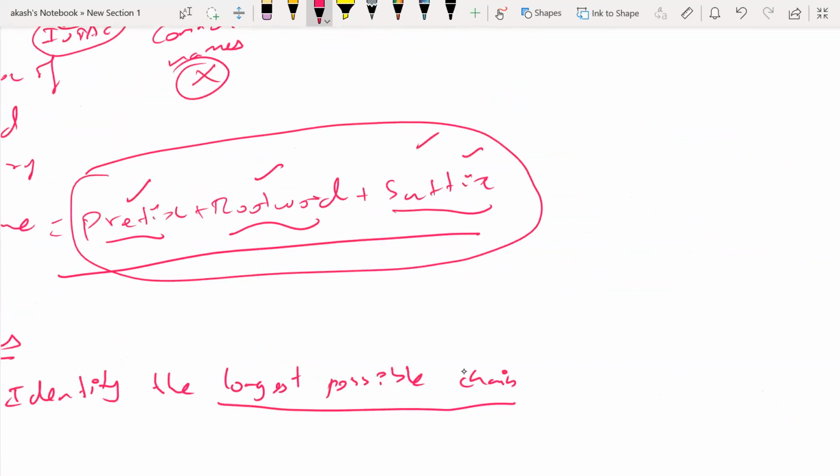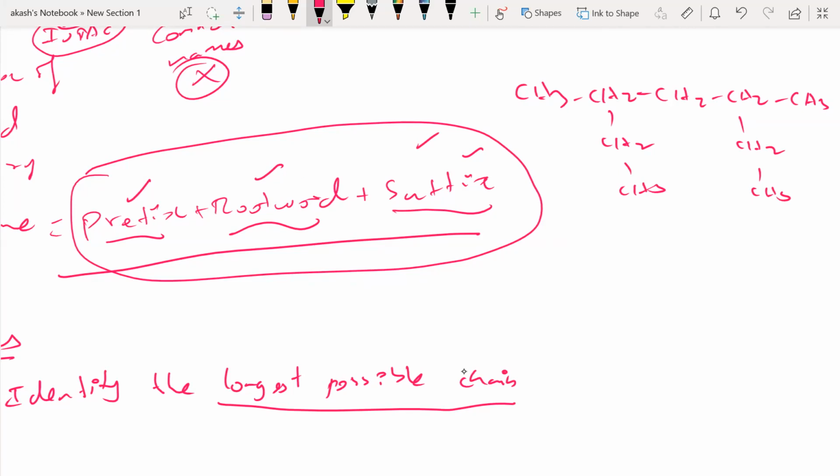Say if I give you a structure like this: CH3, CH2, CH2, CH3, CH2, CH2, CH2, CH3, CH3, something like this. Okay. So obviously you have to start with one carbon atom and end with another carbon atom. Right? Now you have to make sure that you're going to identify the longest possible chain.